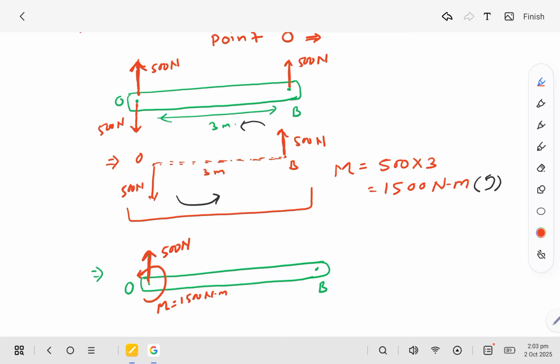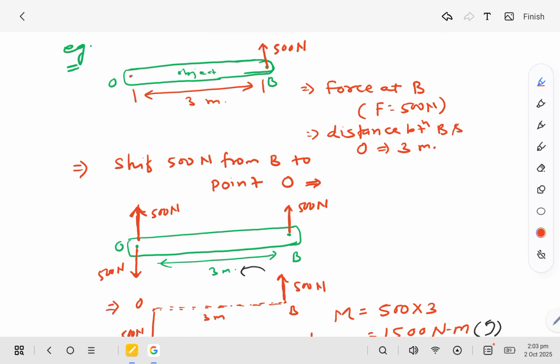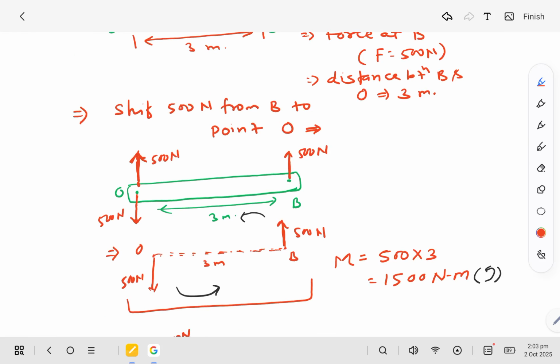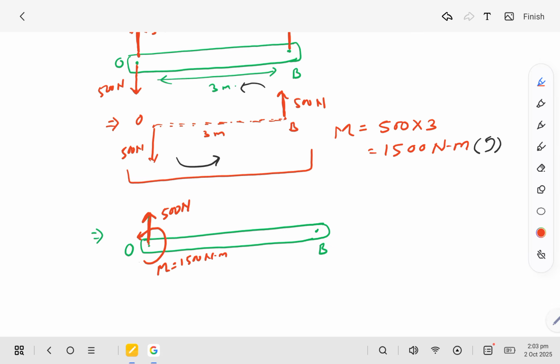In this way we can transfer any force into a force and a moment of couple.